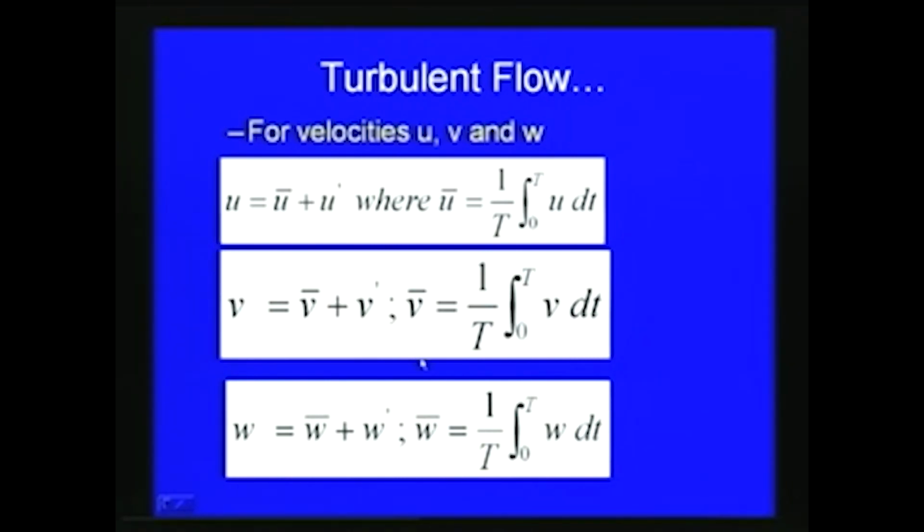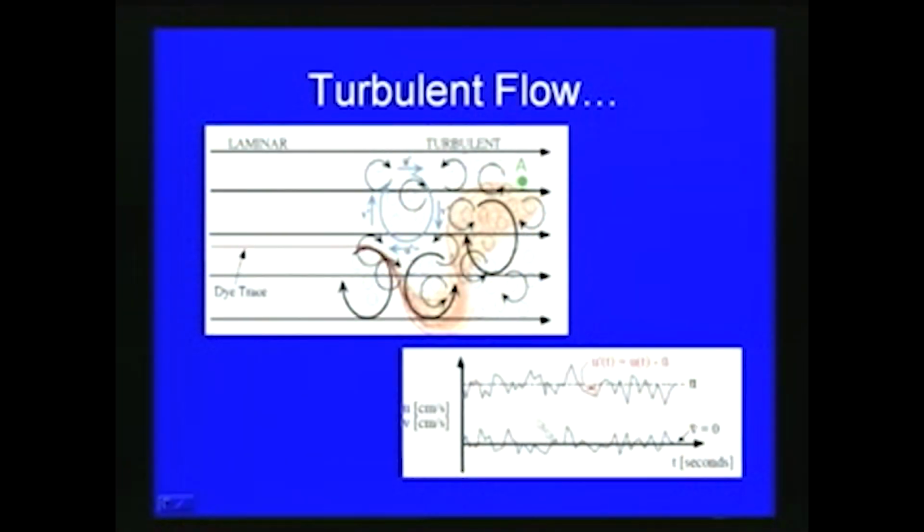So, we have seen how we express the various velocity components u, v and w, and in a similar way we can express the pressure and other components with respect to a mean component and then the fluctuating or instantaneous component. This is clear from this figure here. You can see the velocity in x and y direction, u, v, is represented here.